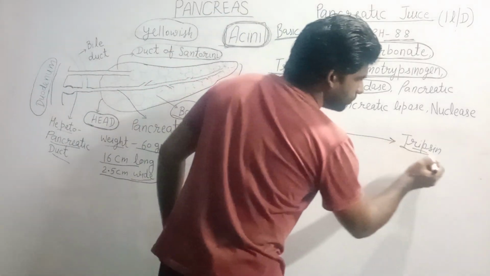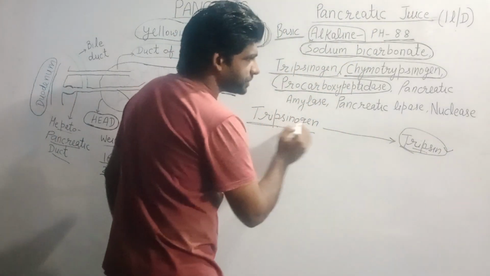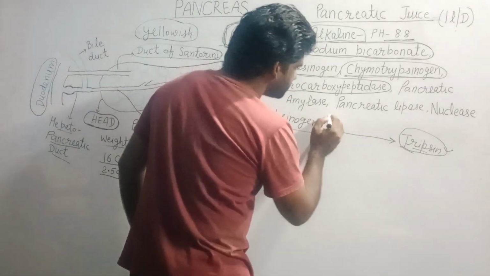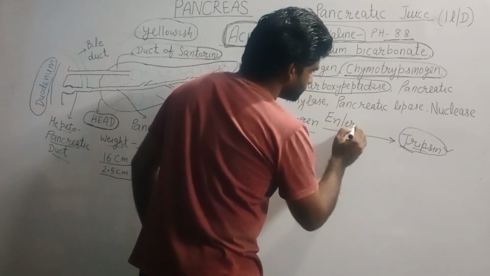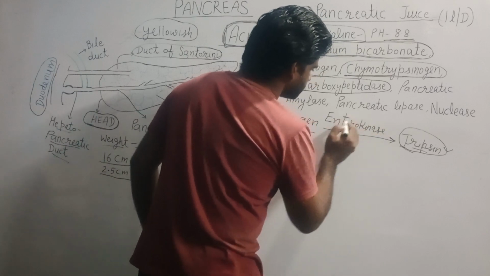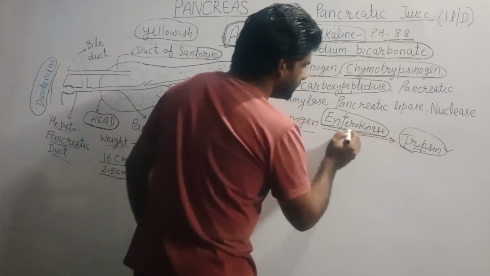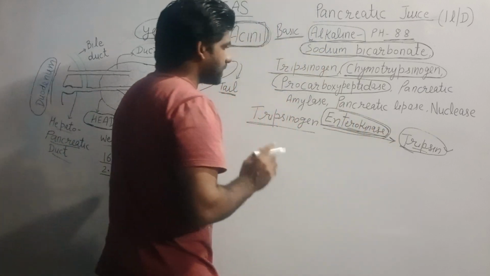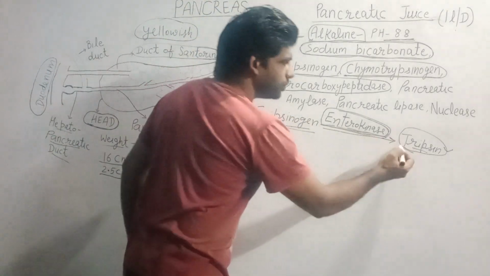This is its active form. Trypsinogen is converted into trypsin with the help of a special enzyme which is called enterokinase. This enzyme is secreted by the walls of small intestine. It is present in small intestine because the pancreatic juice is transported to small intestine. So in small intestine, trypsinogen is converted into trypsin.